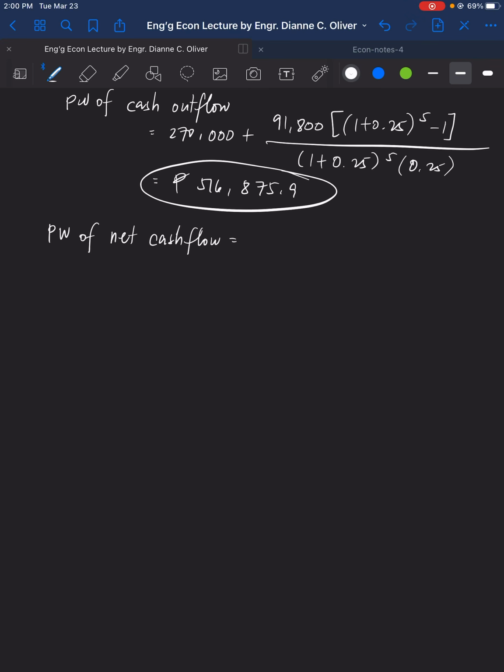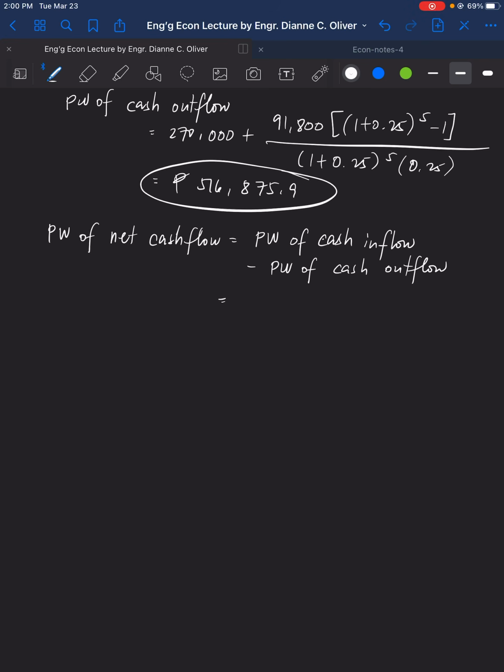So let's use this formula. Present worth of net cash flow is equal to present worth of cash inflow minus present worth of cash outflow. So we will use this formula.